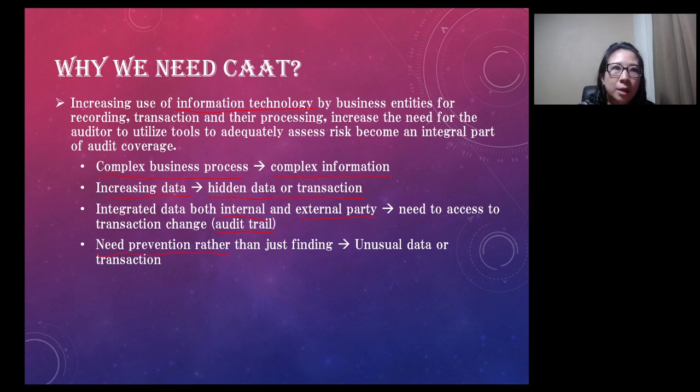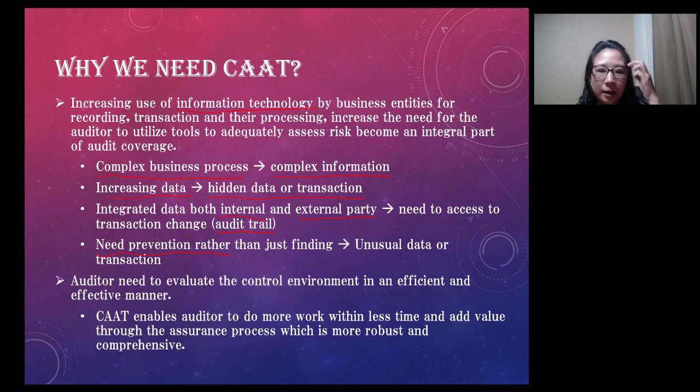So the audit is not only talking about what is wrong, but in the audit we try to prevent mistakes from happening. So that's why we need to know what the unusual data and unusual transactions are. So how do we do it? Of course, we need technology to help us reveal the unusual data.